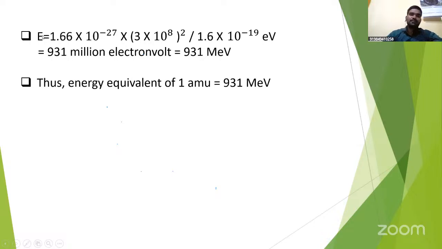So the energy equivalent of 1 AMU, the energy of 1 AMU equivalent mass, is 931 mega electron volt.